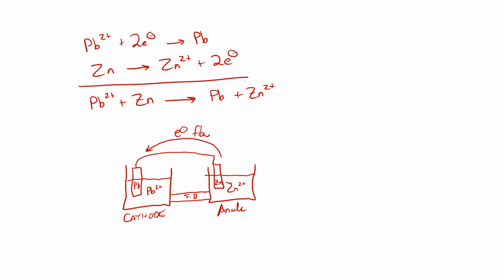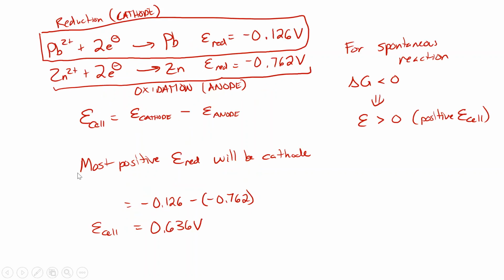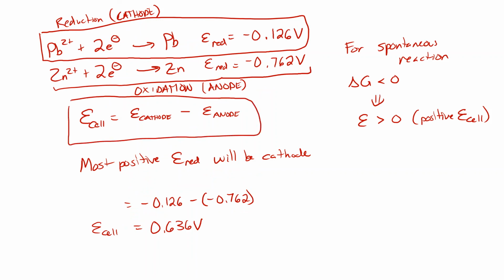Couple of things to pull out of this. One, delta G always needs to be negative. That's our spontaneous reaction. And two, we calculate the potential of our overall cell by adding the standard reduction potentials that we get from a table in the correct way, right? And so this formula is the one that you're going to use the most often here. This E cell equals cathode minus anode.